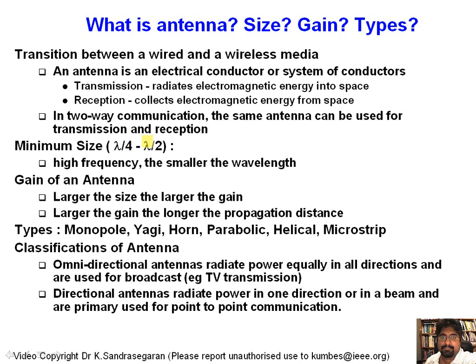For example, antennas that you have on top of radio masts or TV masts, or even most wireless LANs that are in the middle of an area, are required to propagate electromagnetic waves equally in all directions. The second type of antennas are referred to as directional antennas. These antennas radiate power in one specific direction.